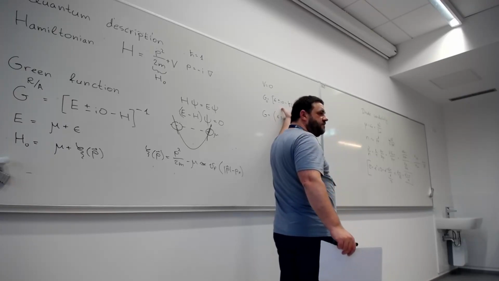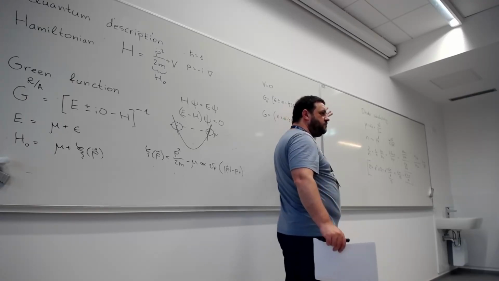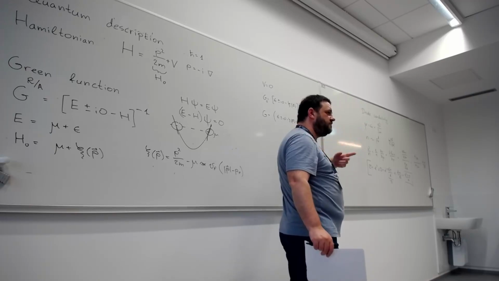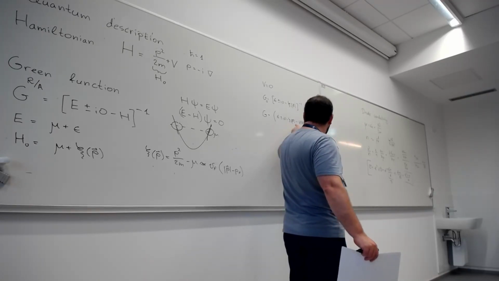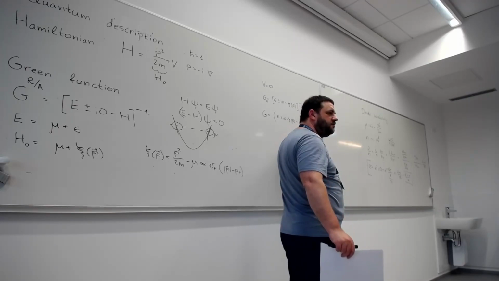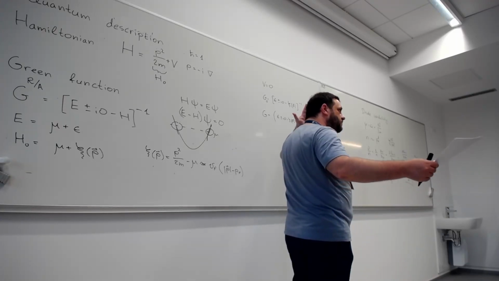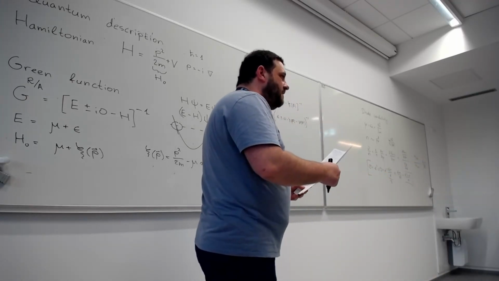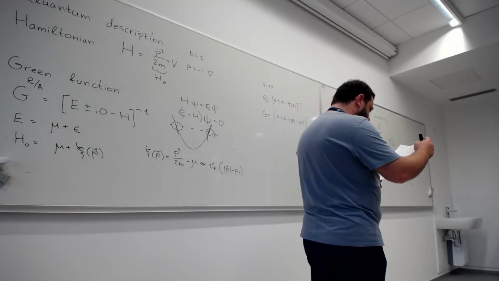This operator here is very easy to invert because in momentum representation it's already diagonal. It's just a function of momentum. So you just write 1 over, and this is the inverse function. But this thing you cannot so easily invert because you have something depending on momentum and something depending on position, and they do not commute. And it's not diagonal, so you have to invert some operator for which you don't know the eigenstates.